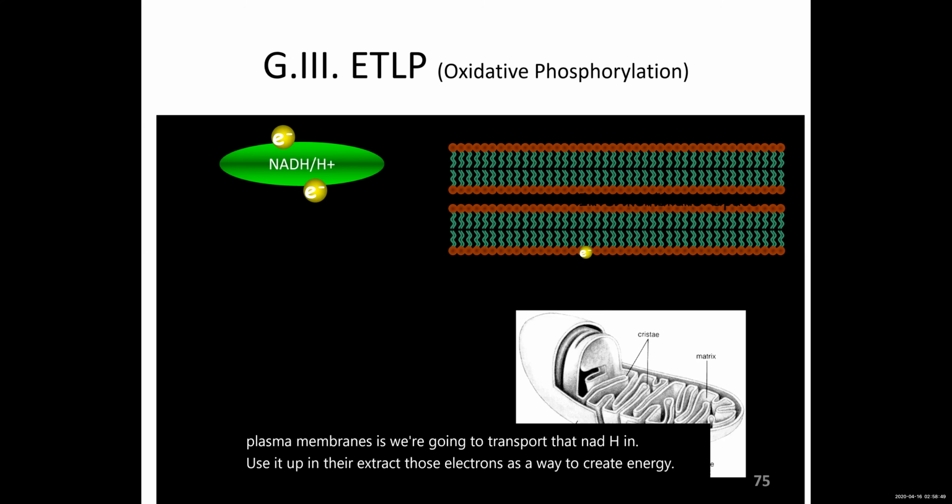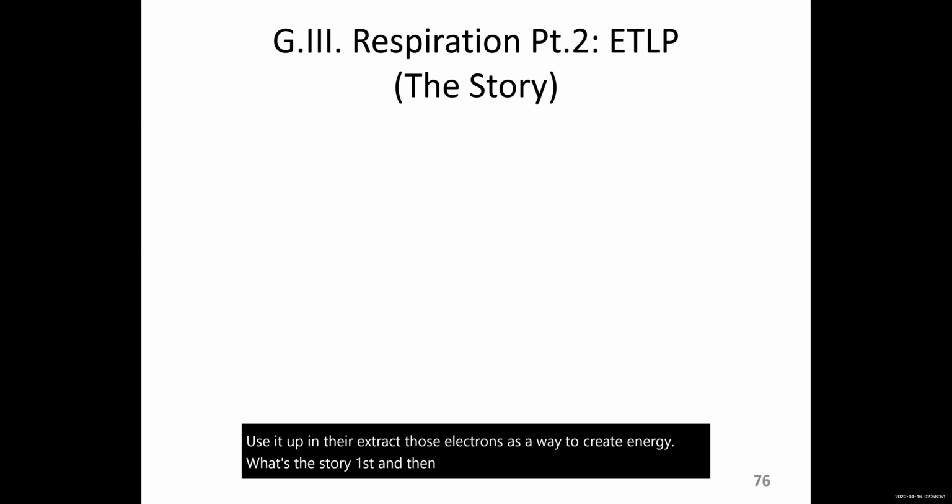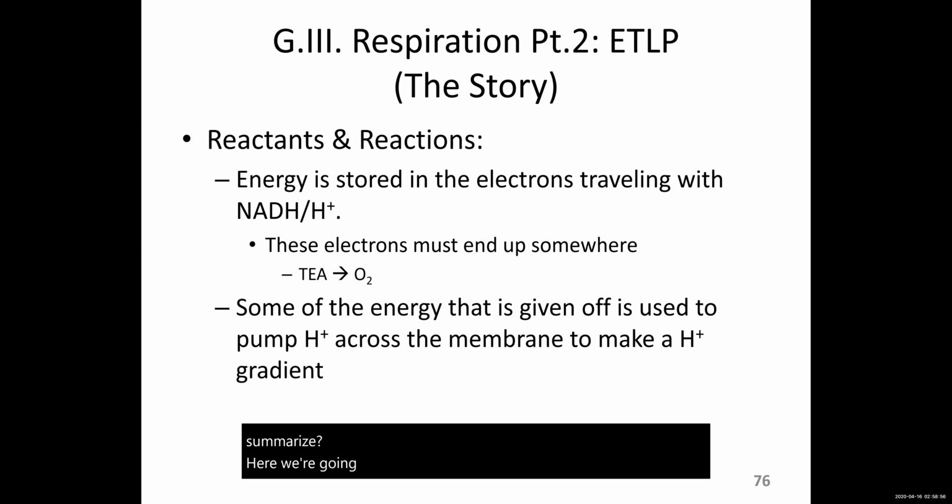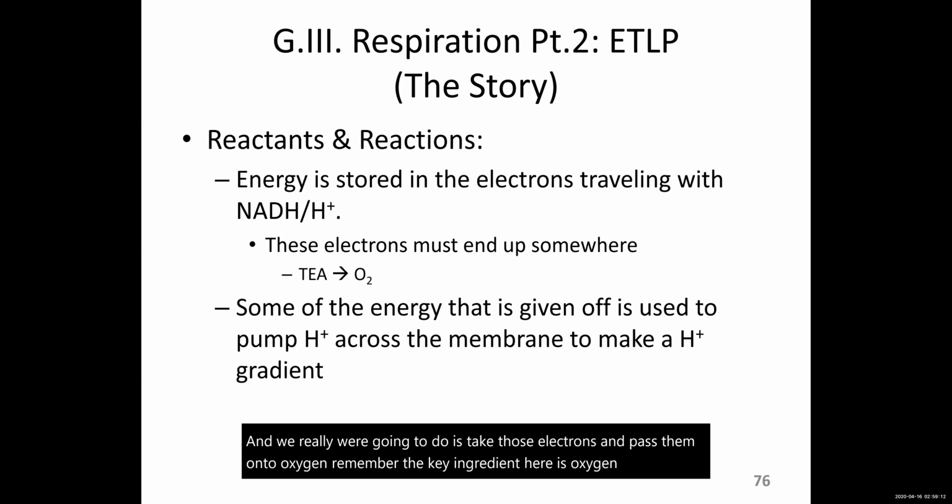So what's the story first, and then I'll show it to you visually, kind of summarized. Here we're going to take all those electrons that are present inside those NADHs and FADHs and strip them off. And really what we're going to do is take those electrons and pass them on to oxygen. Remember, the key ingredient here is oxygen, a terminal electron acceptor, this highly electronegative gas that loves electrons.